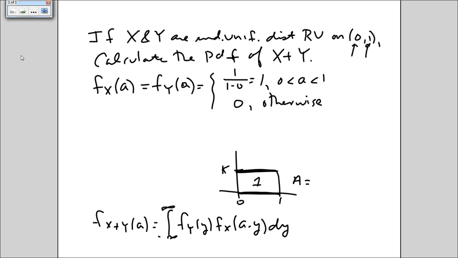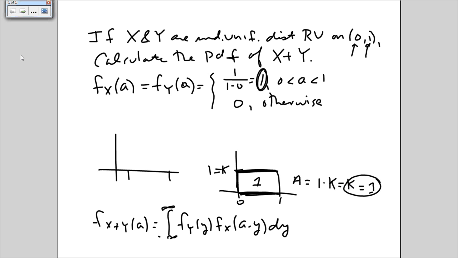So the area is, on one hand, the base, which is 1, times the height K. On one hand, it's K. But on the other hand, the area is 1. Oh, K is 1. That is why I have 1. The PDF is always 1 over the length of the base.